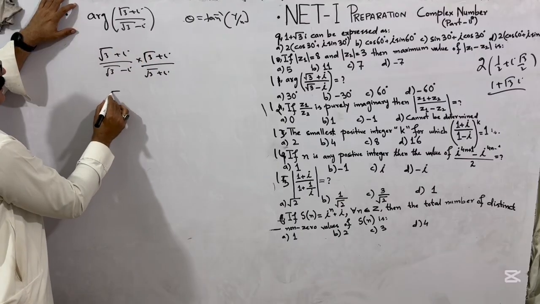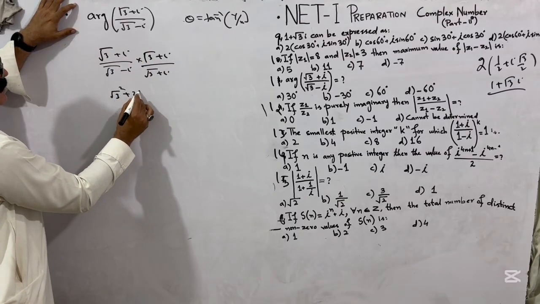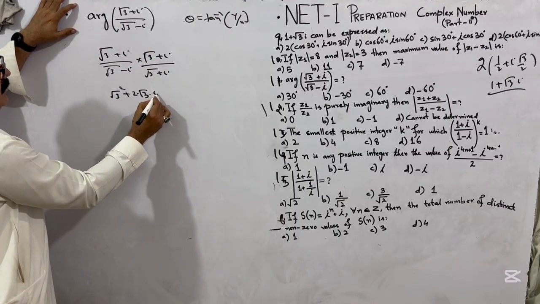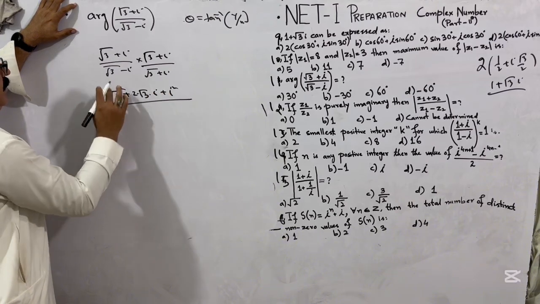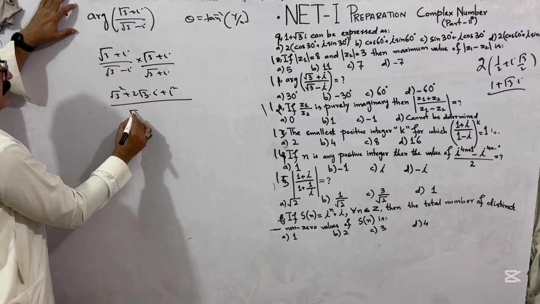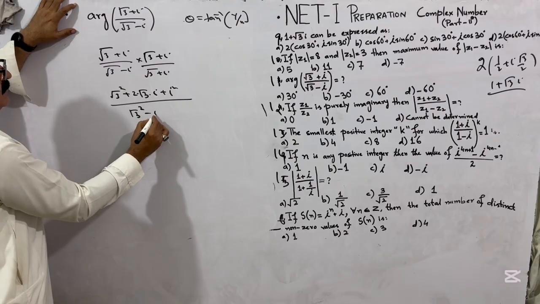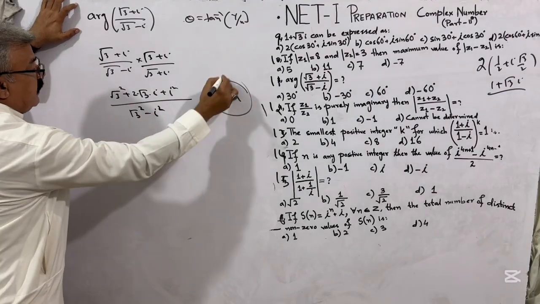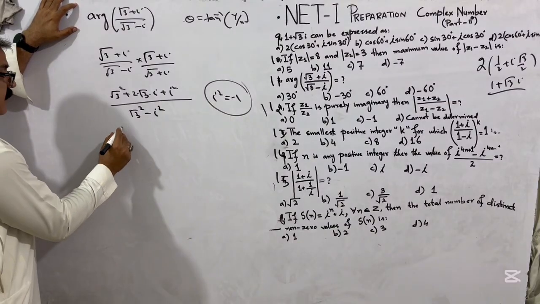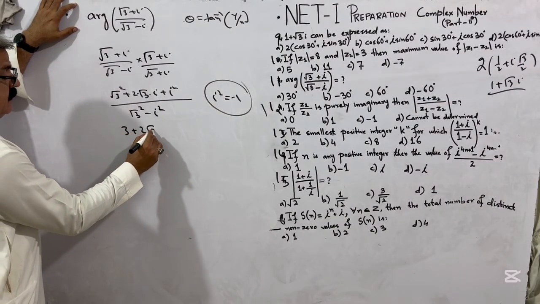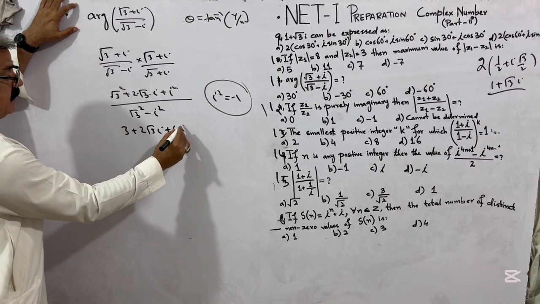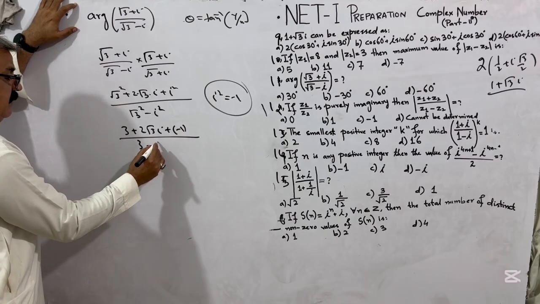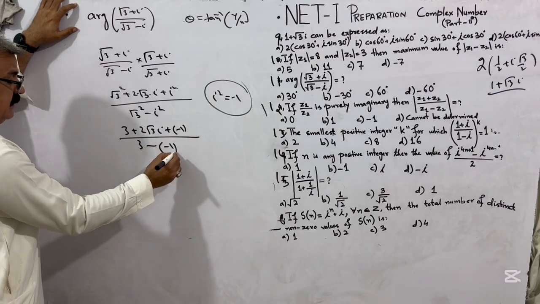Applying the whole square formula, we have a square plus twice a into b plus b square, and in the denominator the difference of two squares, under root 3 square minus iota square. Don't forget to plug in that iota square is equal to minus 1. So we have 3 plus 2 times root 3 iota, and 3 minus the value of iota square, which is minus 1.